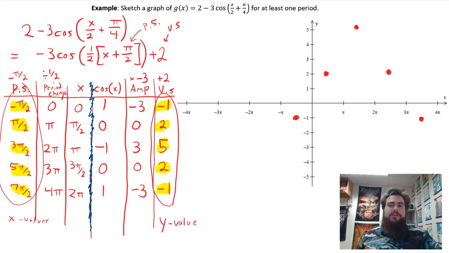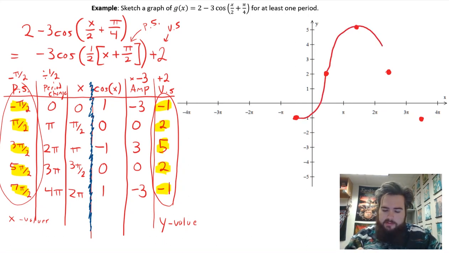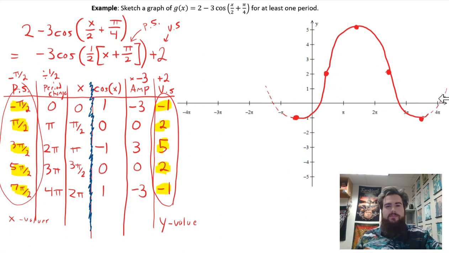If I connect these using a continuous smooth curve, so not one with sharp angles, I'm going to get something that looks kind of like this. What we have graphed is one period or one cycle of this function. This function would continue and continue to create this periodic shape.